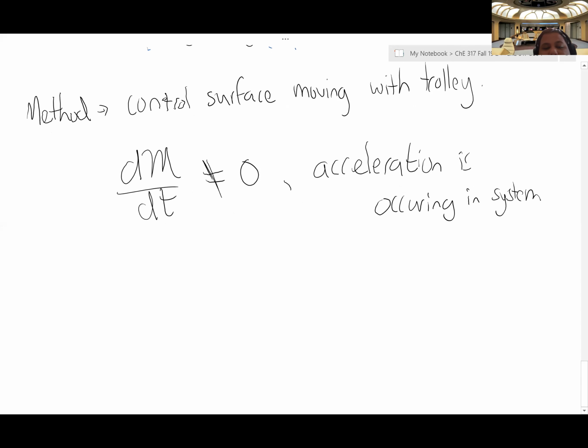So the question then becomes, how can we solve for that net acceleration?